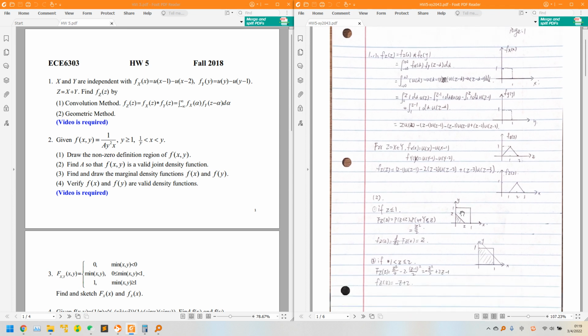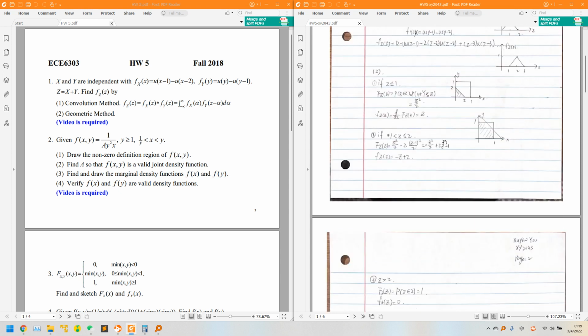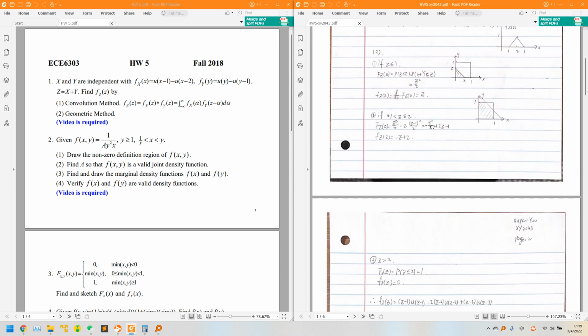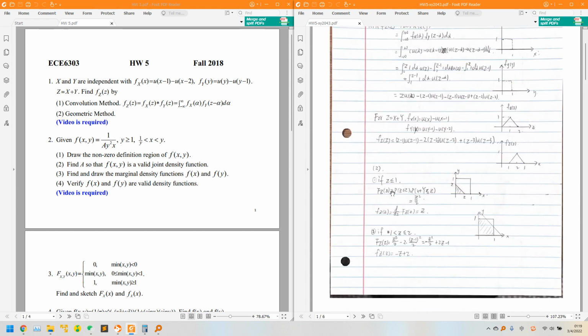So for the geometric method, actually we need to think about 3 cases.